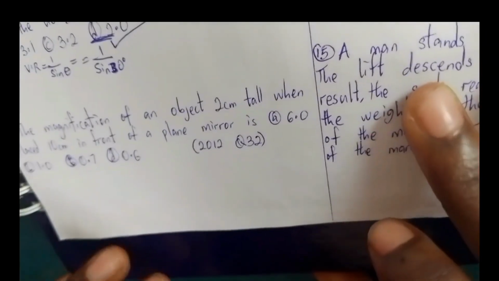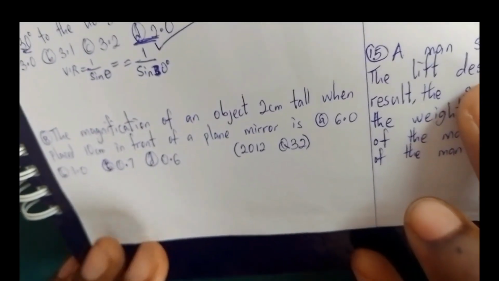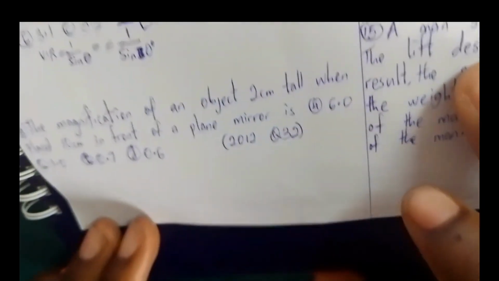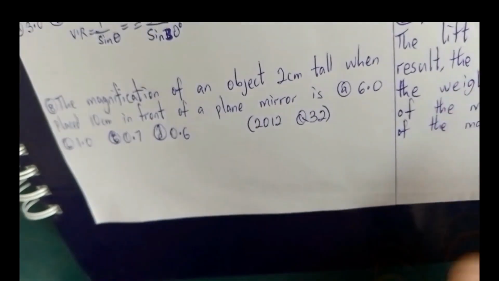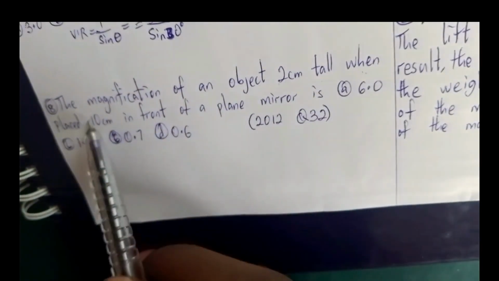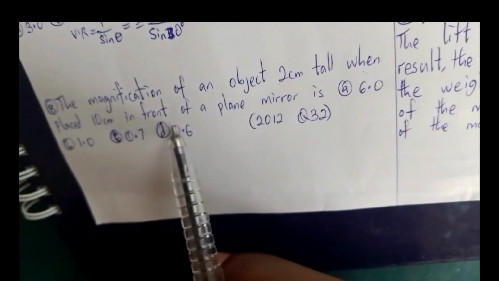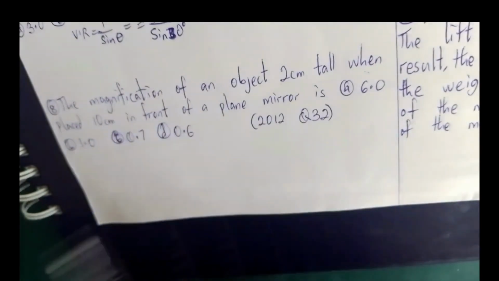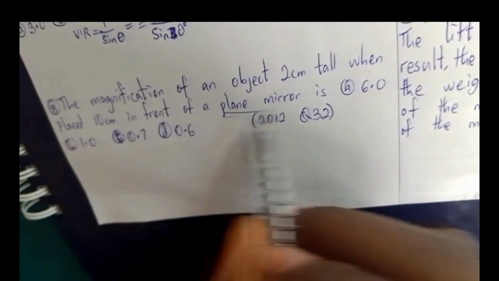Now, the next question we have here is the magnification. They talk about the magnification of an object 2 centimeter tall when placed 10 centimeter in front of a plane mirror is dash. Now, they mention plane mirror.